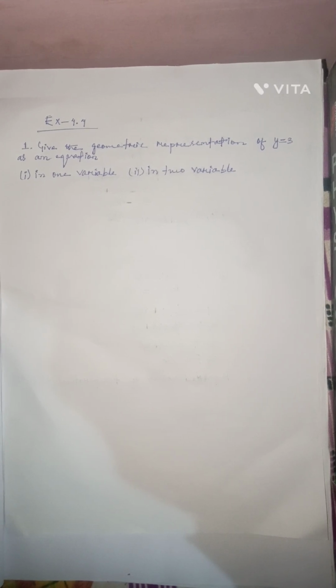Now, to solve this, first we need to know what is in one variable and what is in two variables. In one variable means only one alphabet should be there. Like if you put x, only x should be there, or if you put y, then only y should be there, right?